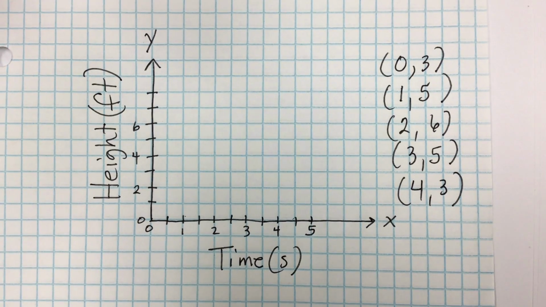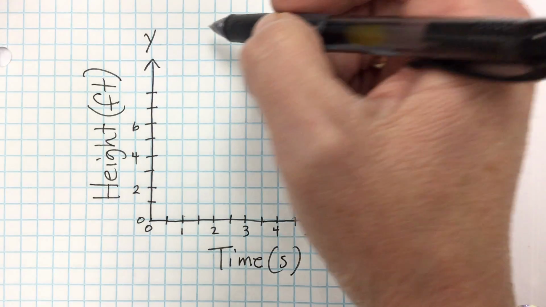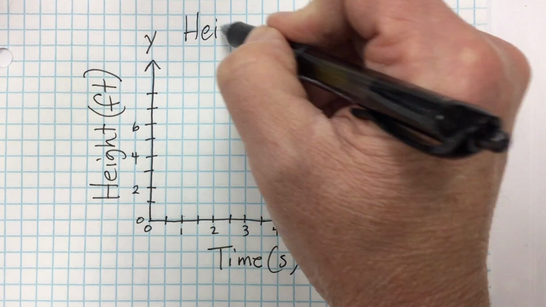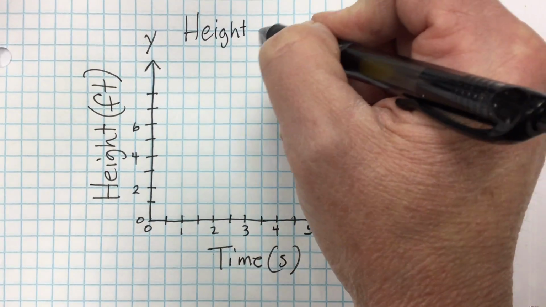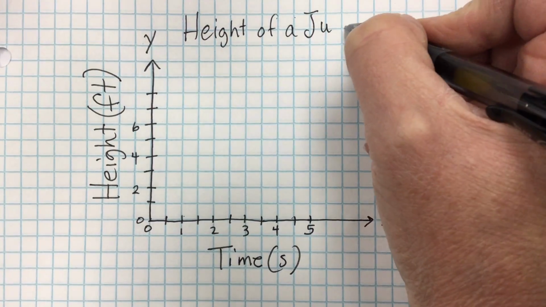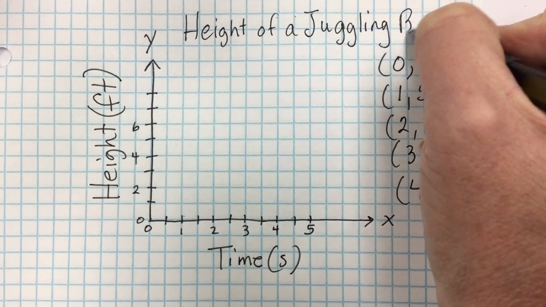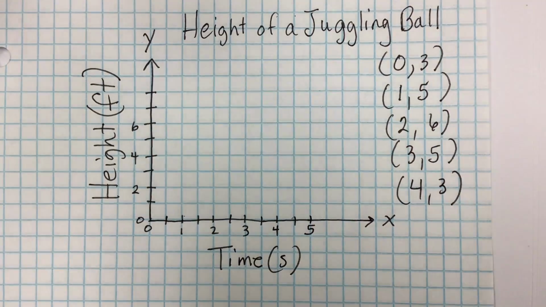So they're all positive, they're all in the first quadrant. So this graph is going to represent the height of a juggling ball. Okay? So let's plot these points.